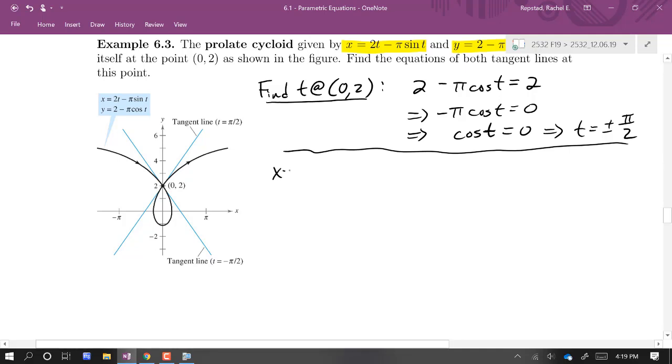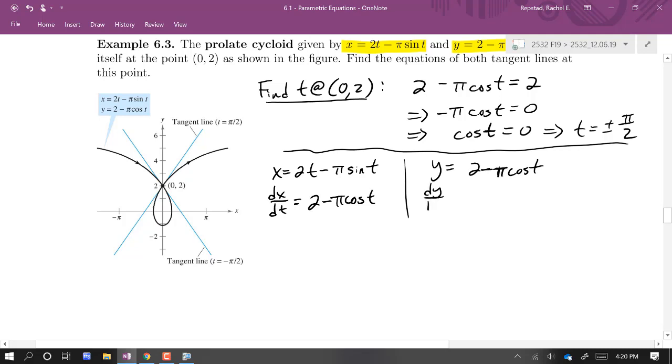So if x is 2t minus pi sine t, then what do we get for dx dt? 2 minus pi cosine t. And then if y is 2 minus pi cosine t, what is dy dt?